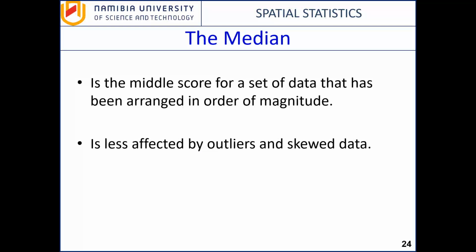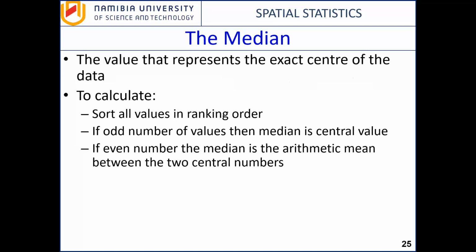So, what is the median? The median is the middle score of a set of data that has been arranged in order of magnitude. It's less affected by the outliers and skewed data. We'll see later also what is skewed data. So, how to calculate the median? The value that represents the exact center of the data.